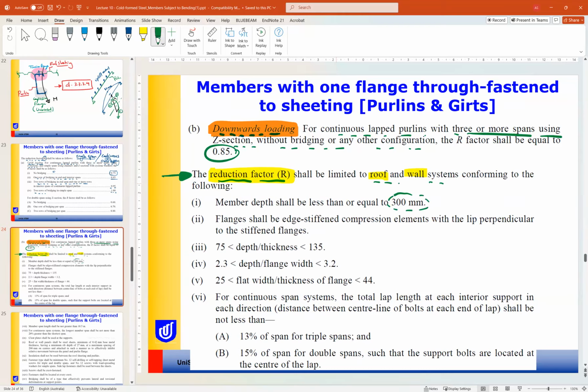Flange shall be edge stiffened compression elements with the lip perpendicular to the stiffened flange. Depth to thickness is between 75 and 135. Depth to flange width between 2.3 and 3.2.